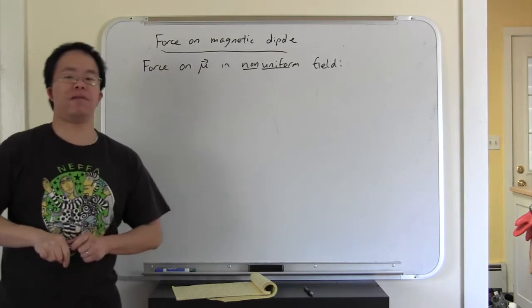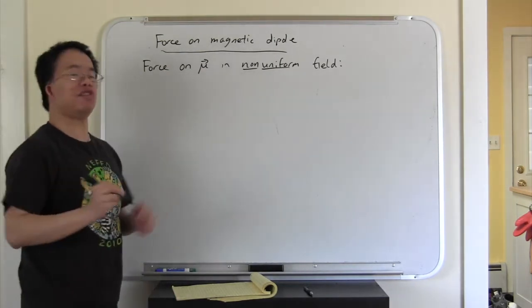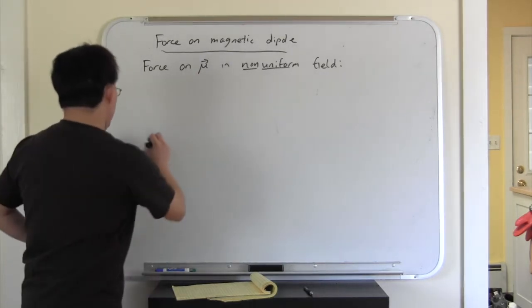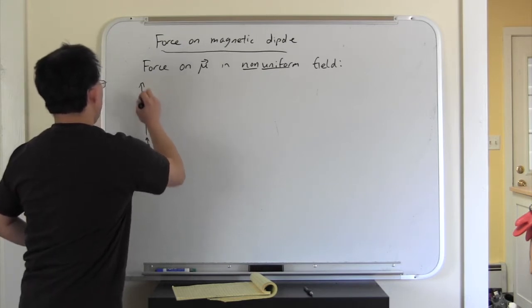You may have talked about this in Physics 118, but let's imagine I have a magnetic field that's varying in magnitude in the z direction.